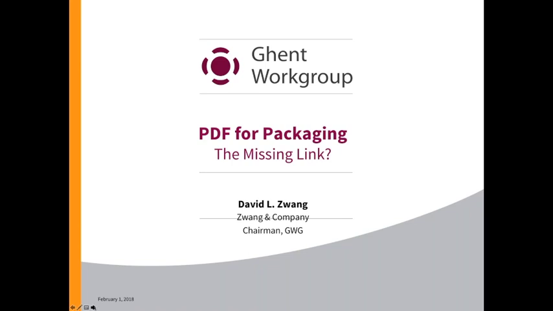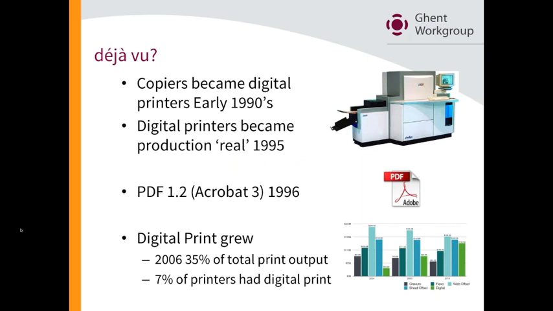And here we go. Back in the 90s, there were a lot of things going on in terms of digitization around document production, and document production could be anything: magazines, newspapers, marketing communications documents, etc. There was a change from copiers to digital printers back in the early 90s, and digital printers became production ready around the mid-90s.